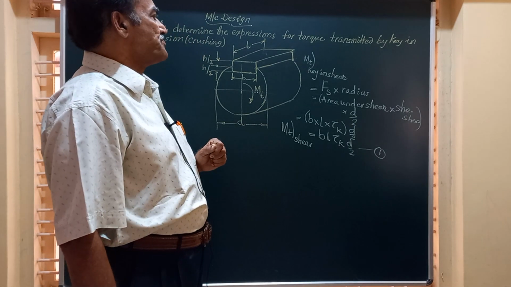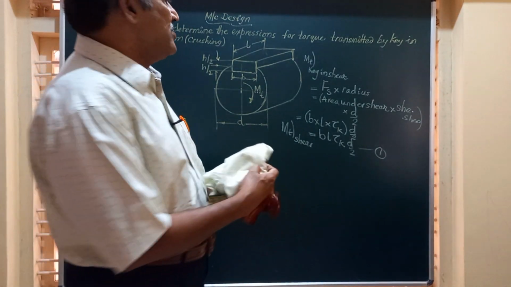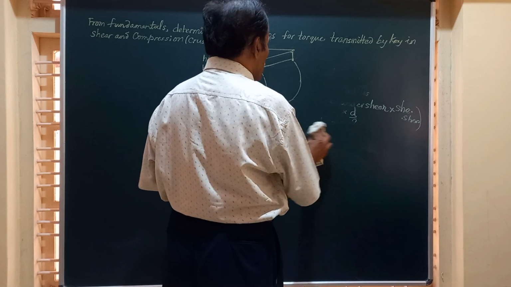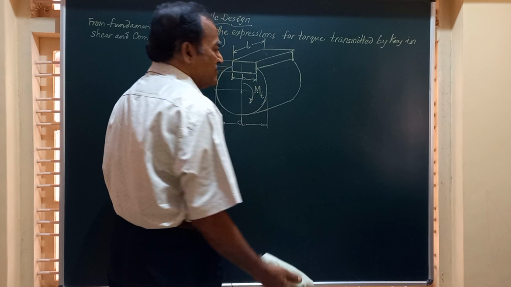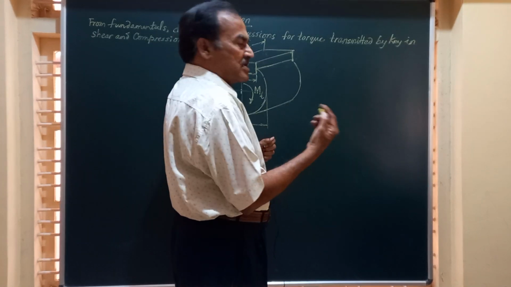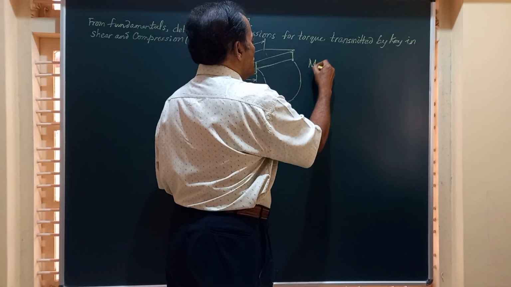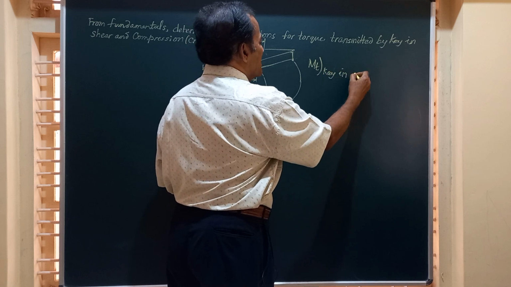Similarly, friends, if you consider the failure of this key by crushing, let us see what happens to this equation. We are going to have a similar equation for the key under compression or crushing. So I will say Mt of key in crushing or compression.